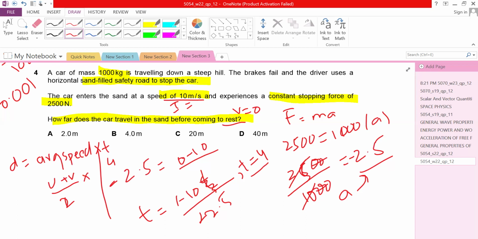So final and initial speed, 10 plus 0, which will be 10, divided by 2, into 4. 2 fives are 10, 2 tens are 20. So the correct option for question number 4 is 20 meters, which is option C.